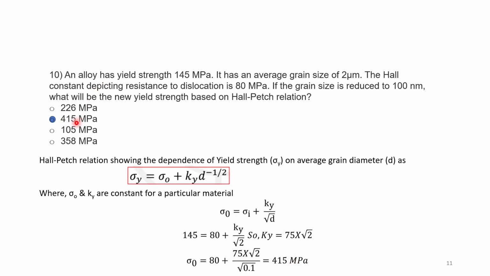So this also you can check in a manner like, if your grain size is reducing, then your strength should increase. So after solving the question in exam, you can once cross check that your strength should increase from the initial value.